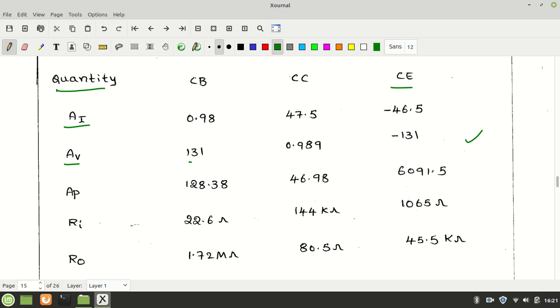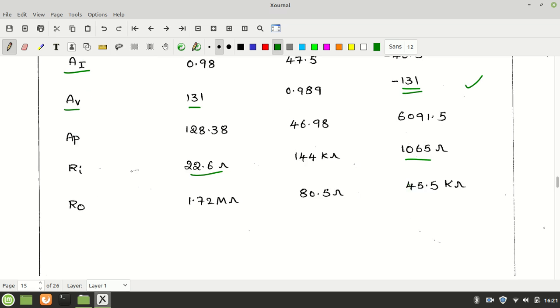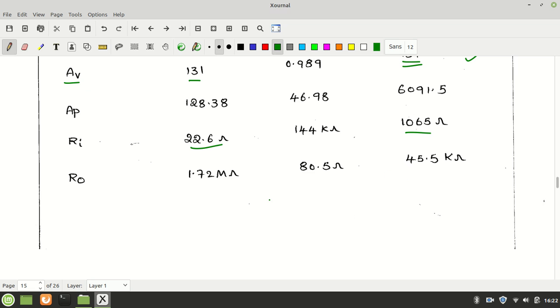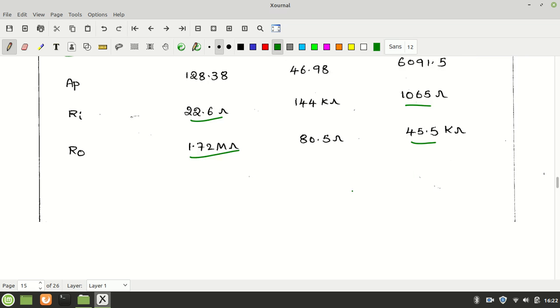You can see CB also has that, but the input resistance of CB is low, while the input resistance of the common emitter is high, and because of that you can make full use of this gain. And the output resistance is very high here, but there the output resistance is very low, so the common emitter mode is very much faithful towards amplification.